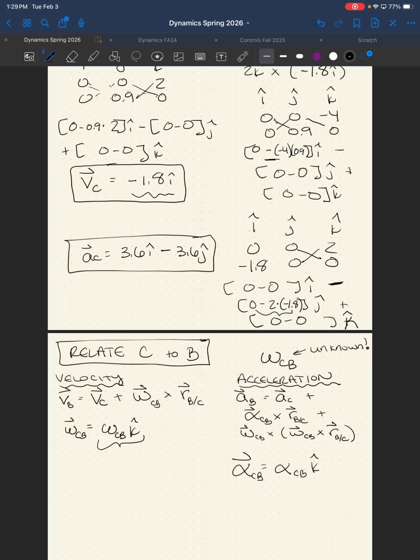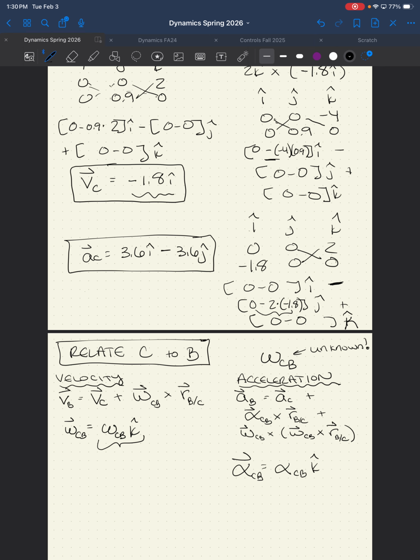So my expression for VB, I don't want to forget that little i-hat component here, is 0.6 omega CB minus 1.8, all in the i-hat direction. And then I end up with 3 negatives on the j hat: minus, minus, and minus.